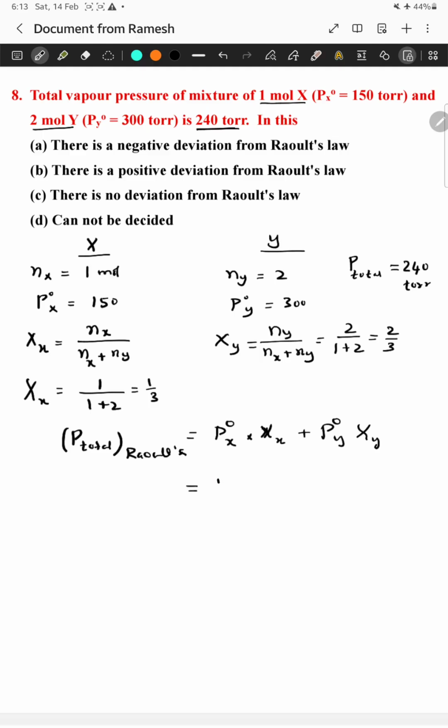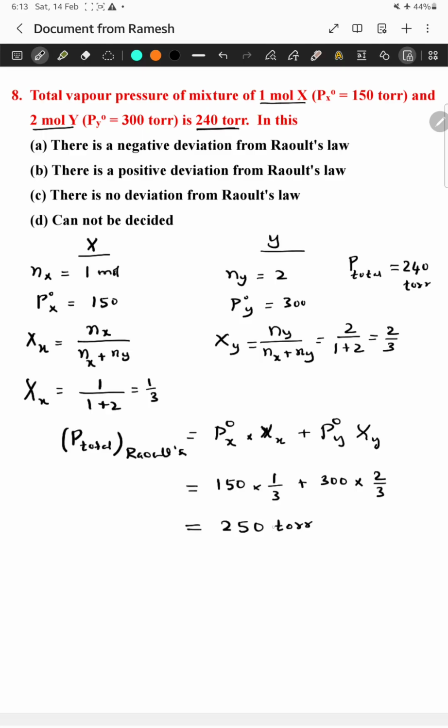P naught of X is given as 150 into mole fraction of X, 1 by 3, plus P naught of Y is 300, mole fraction of Y is 2 by 3. After simplification, you will get 250 torr. So this is the P total calculated using Raoult's law.